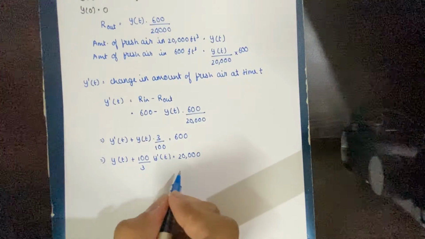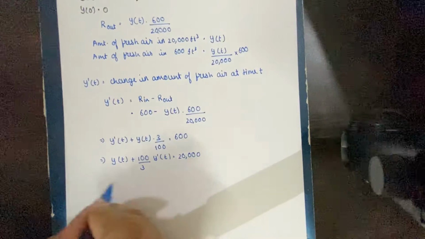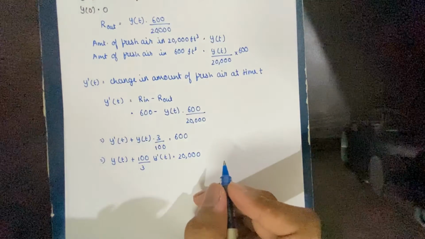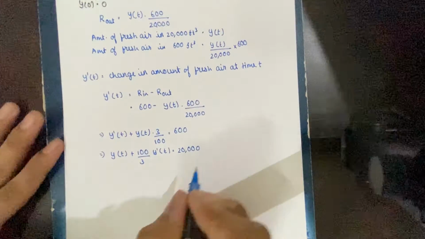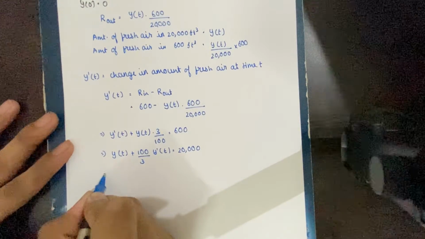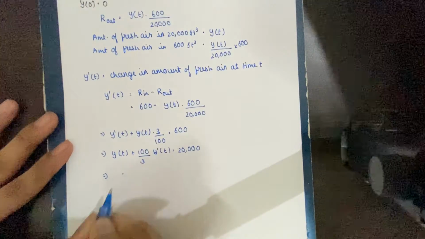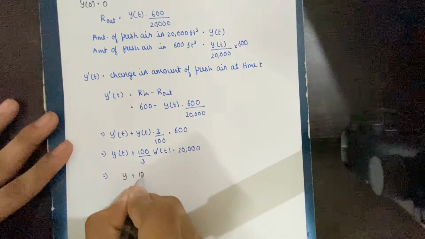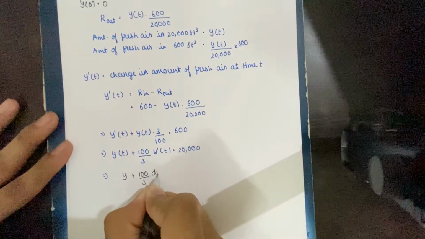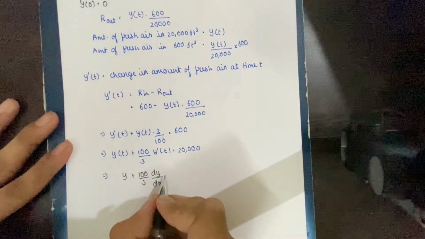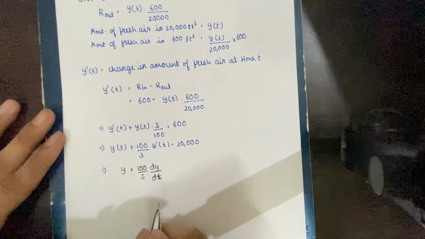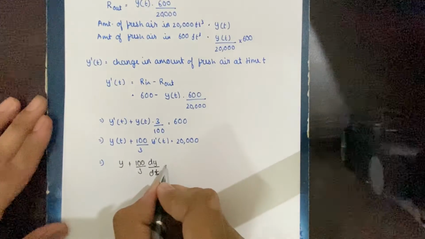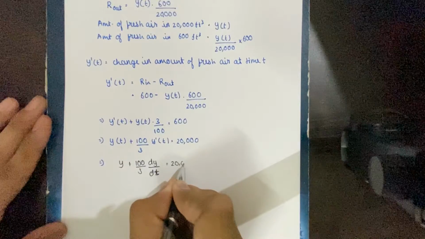This is a linear differential equation, but I'm going to solve it in the normal method. So we can write this as y plus 100 by 3 dy by dt, sorry, that was a mistake, dy by dt, equals 20,000.